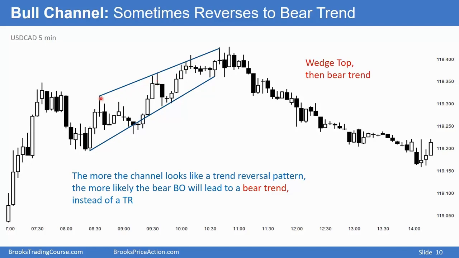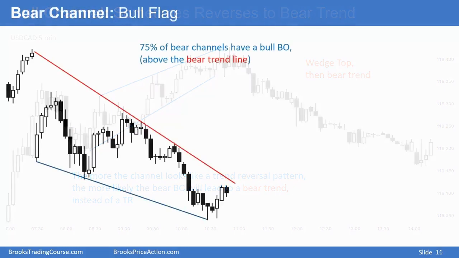So instead of 1, 2, 3, they say 1 and then, oh, strong bull trend, maybe 1, 2, 3. Another way to look at it is a wedge, 1, 2, 3, that broke to the upside. If you have a wedge top and a bull breakout, 50% of the time you'll get a stronger trend up. 50% of the time the breakout will fail, and then the wedge top will lead to a reversal down.